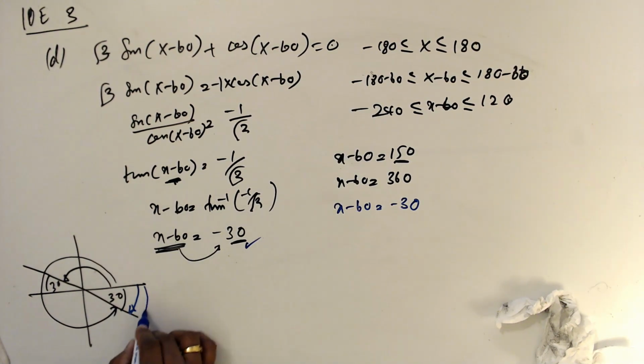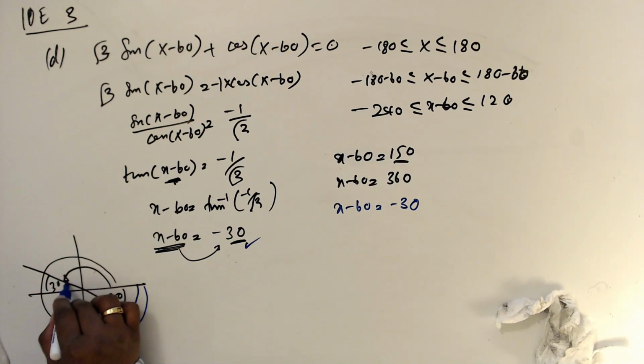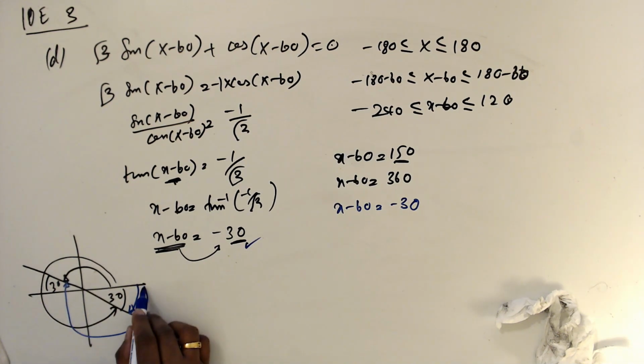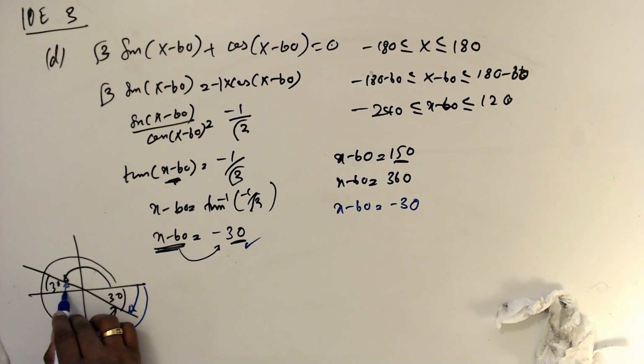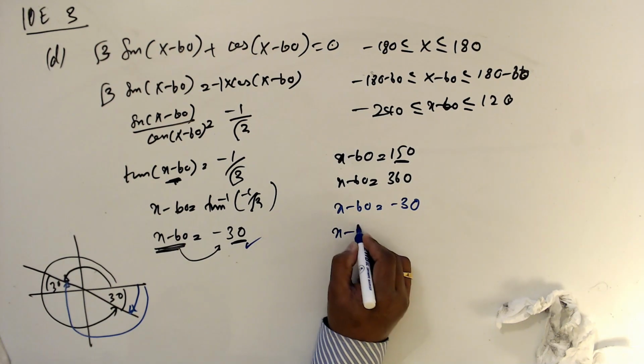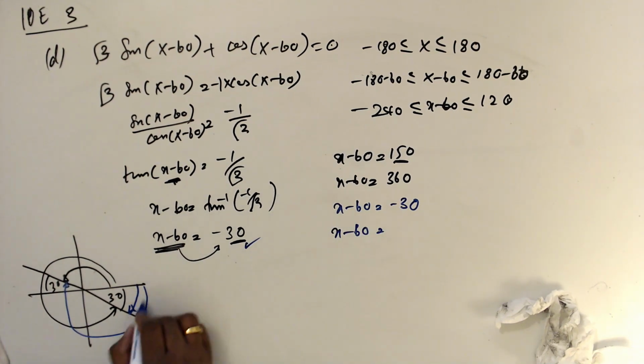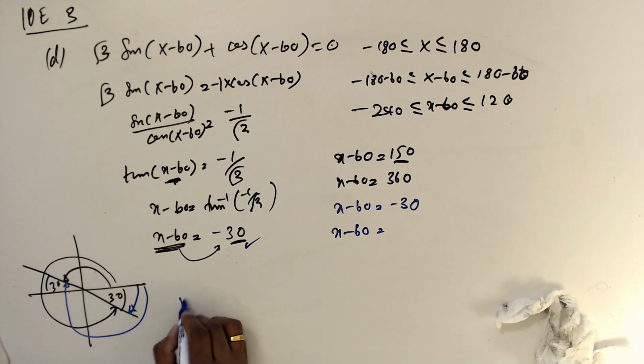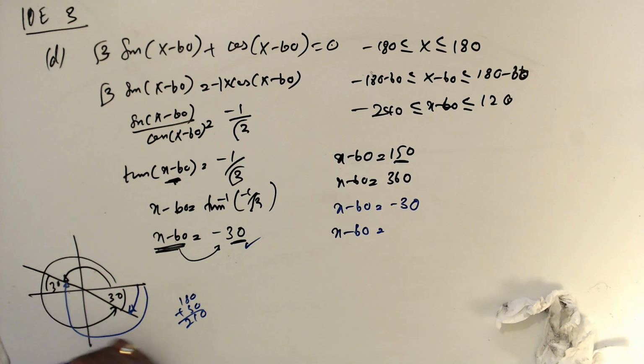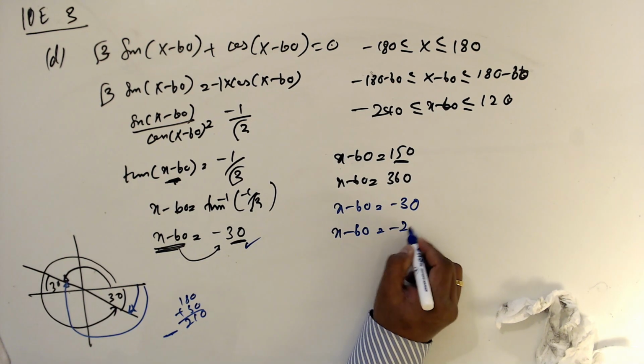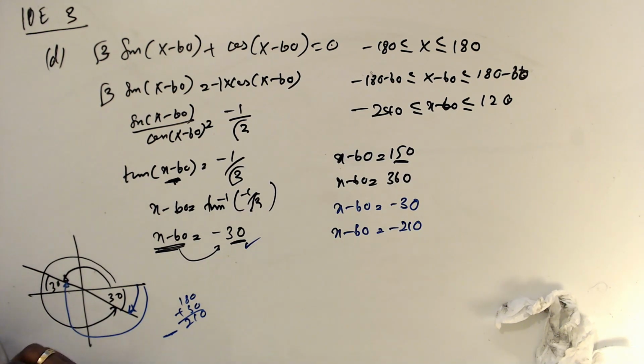The second answer is this one: −180 − 30. x − 60, what is this angle? 180 plus 30 is 210, but negative as you measure clockwise. So that is −210. That's all the answers, you can't take any more.